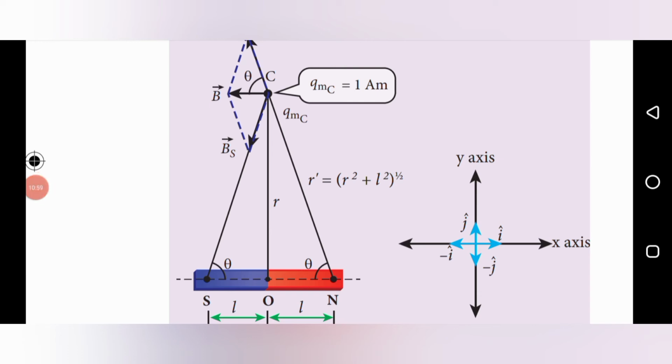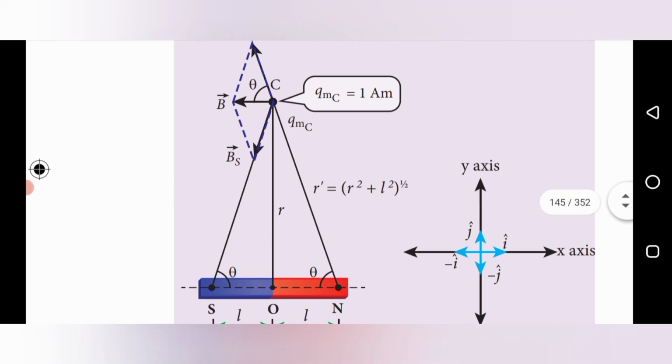Here the magnetic dipole is as shown in this figure, and the point C is taken exactly perpendicular to the magnetic dipole, and all the procedures are the same as in the first lesson. From the center point to the distance r, the hypotenuse is r dash, where r dash is equal to root of r square plus l square, and the field can be split into two components.